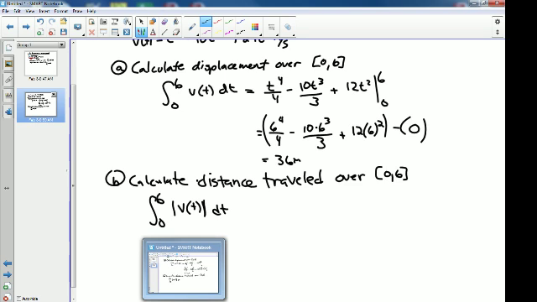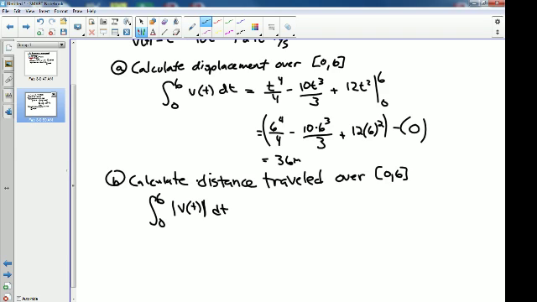Here's the problem. We don't know right now where that function is negative. Some of it is positive, and some of it's negative, right? Probably. So we have to figure out where that happens. Any ideas on how to figure out where velocity is negative?